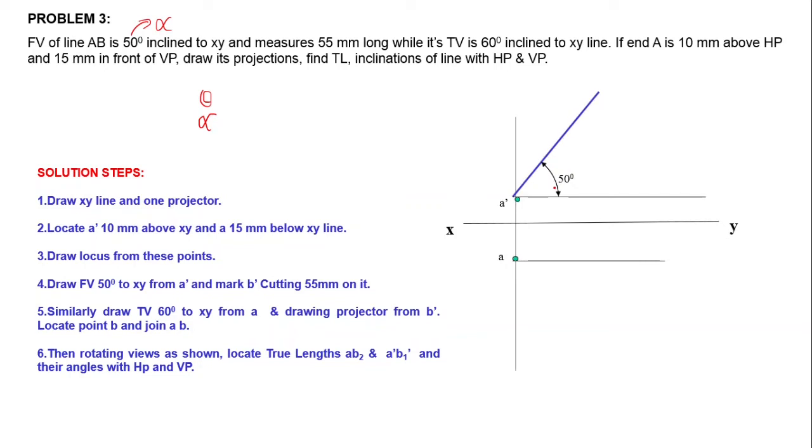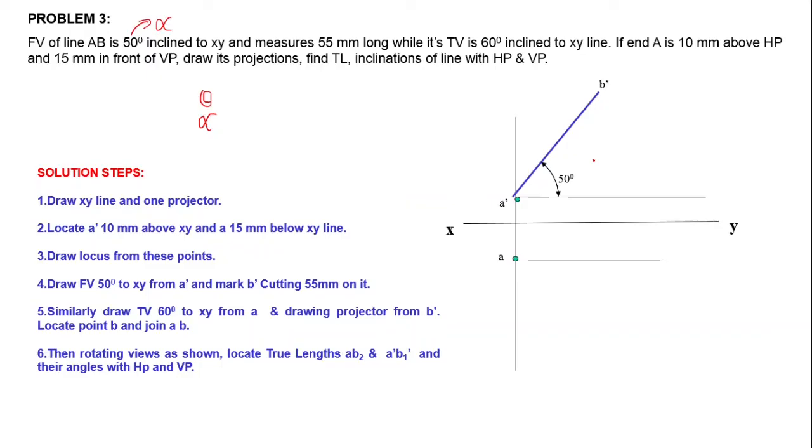Then we can draw the front view. Here the length of the front view is 55 mm long, so that we can represent A dash B dash, having length 55 mm, and that line inclined 50 degree with the XY line.